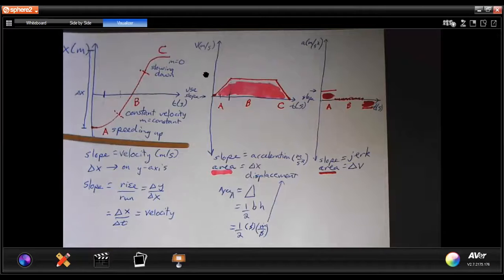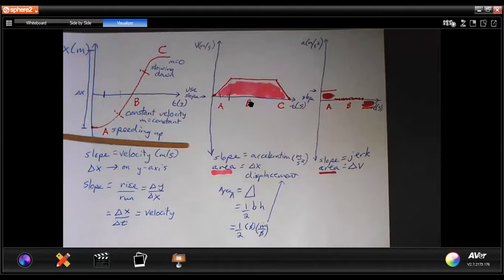And then if the slope is 0, this must come down to 0. And then again, the displacement can be found by the area: if it's a triangle, 1/2 base times the height. If it's a rectangle, it is the velocity times the time. And you could think about that too.